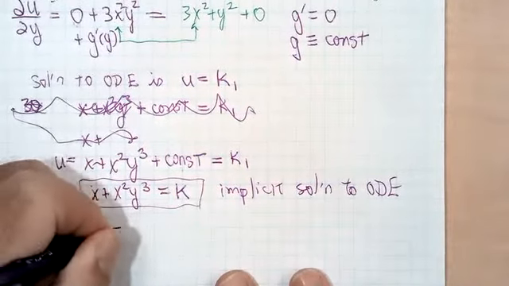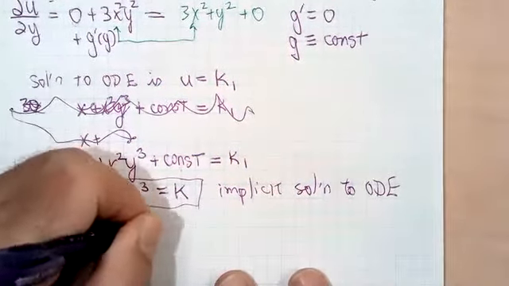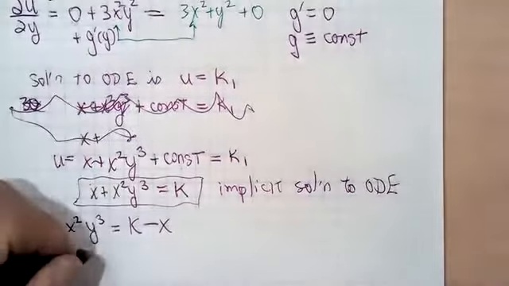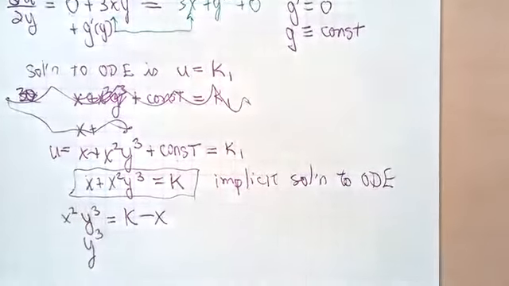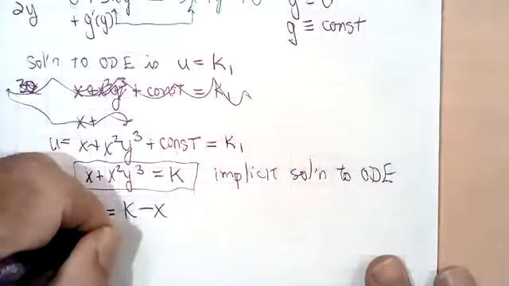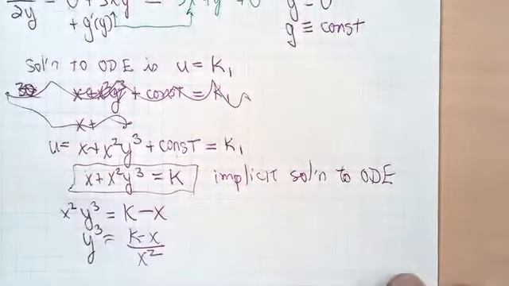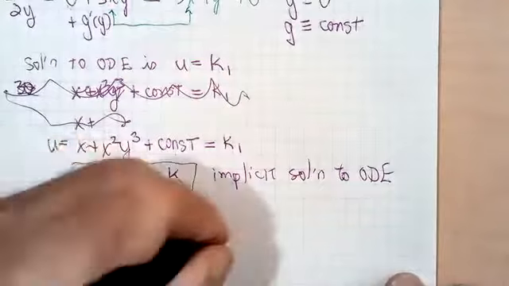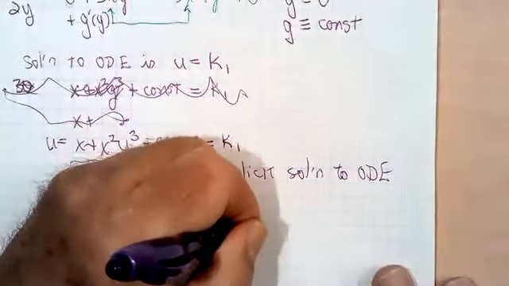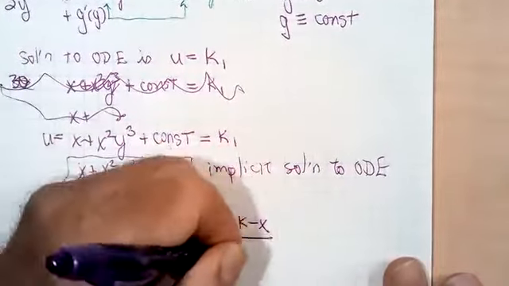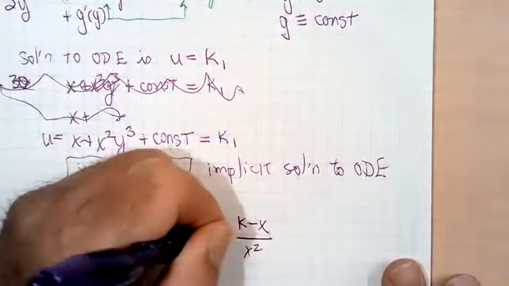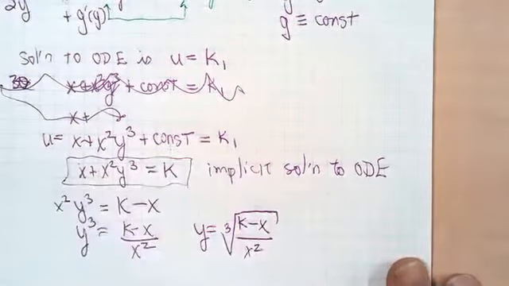X squared y cubed equals k minus x, and then you divide through by the x squared, and then you could take the cube root. So there it is.